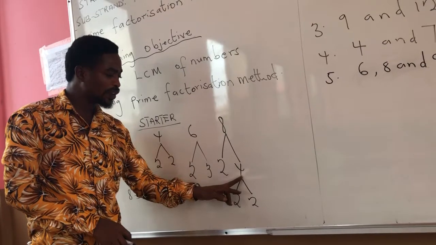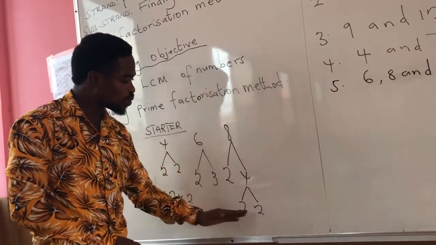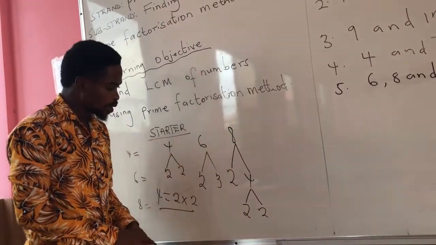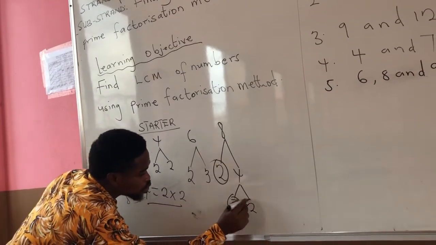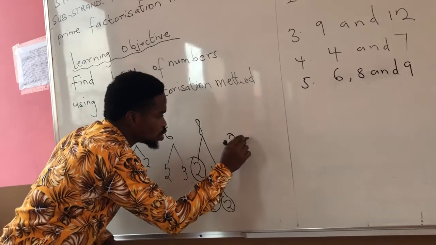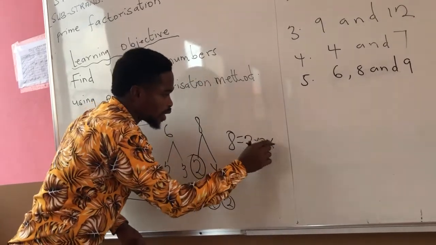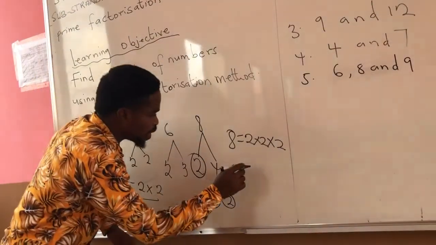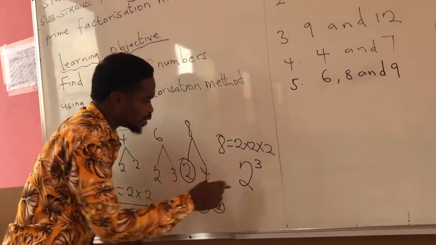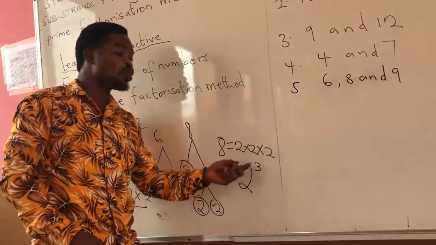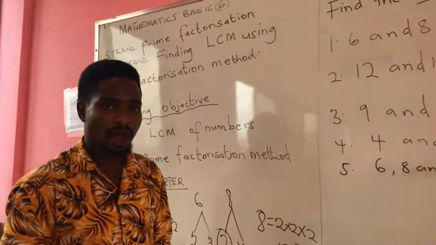Now we have to break the 4 down, which is 2 times 2 will give us 4. So 8 equals 2 times 2 times 2, which in prime factorization can be written as 2 raised to the power 3, because 2 occurs thrice over here.